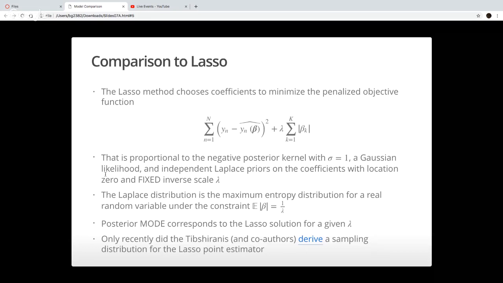Relatively recently, the Tibshiranis, Rob and his son Ryan, did something more frequentist, deriving the sampling distribution of the lasso estimator, but that was only in the past couple of years.